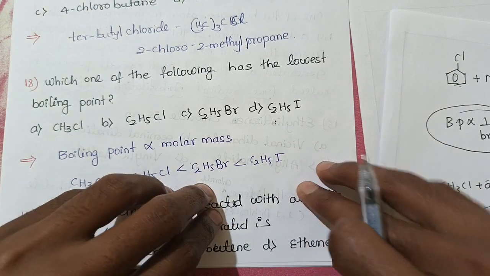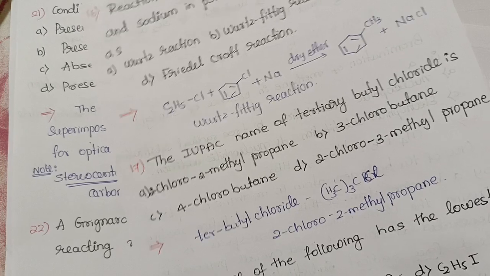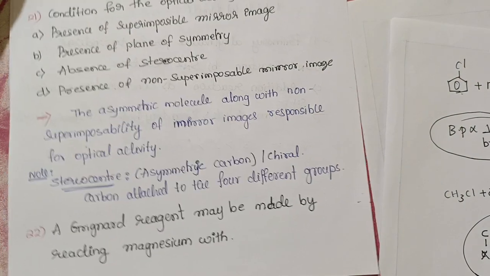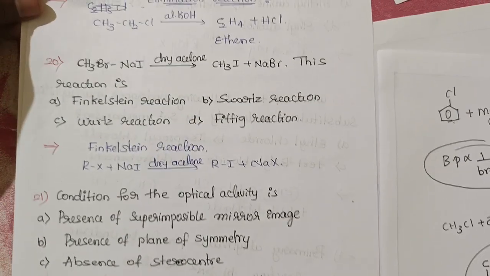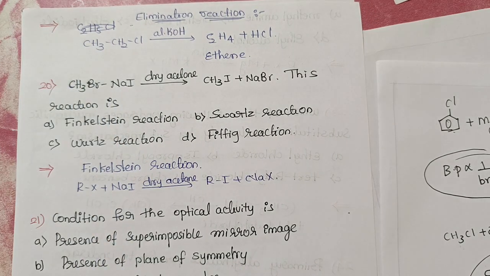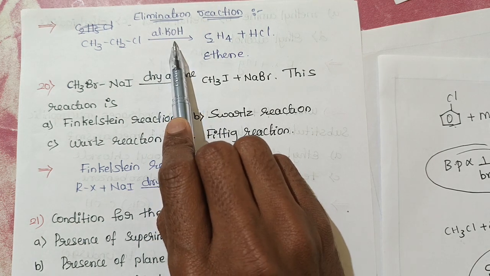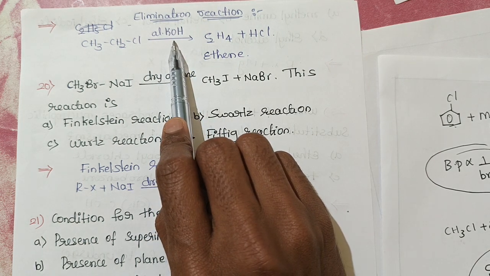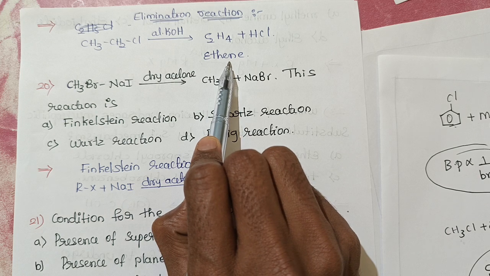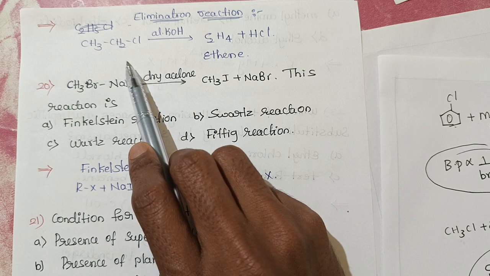So now you have to understand the reaction. Here they have given chloroethane. Eth means 2 carbon atoms, so chloroethane means CH3CH2Cl. Whenever it is reacted with KOH, clear? This is also an elimination reaction, so ethene is formed with the liberation of HCl. Clear? It is also the same thing.